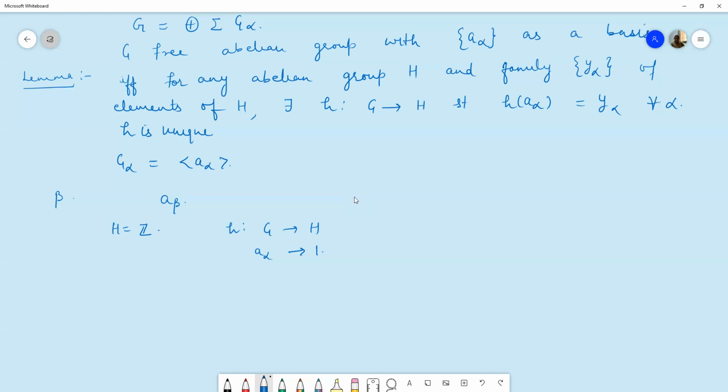Now if G alpha is a finite cyclic group, then if we take H equal to Z and we take a homomorphism from G to H, say h, then this homomorphism maps element A alpha to number 1, because we are assuming that G beta is a finite cyclic group, and here A beta has finite order because A beta generates the finite cyclic group, and 1 does not have finite order, so this cannot be a homomorphism.